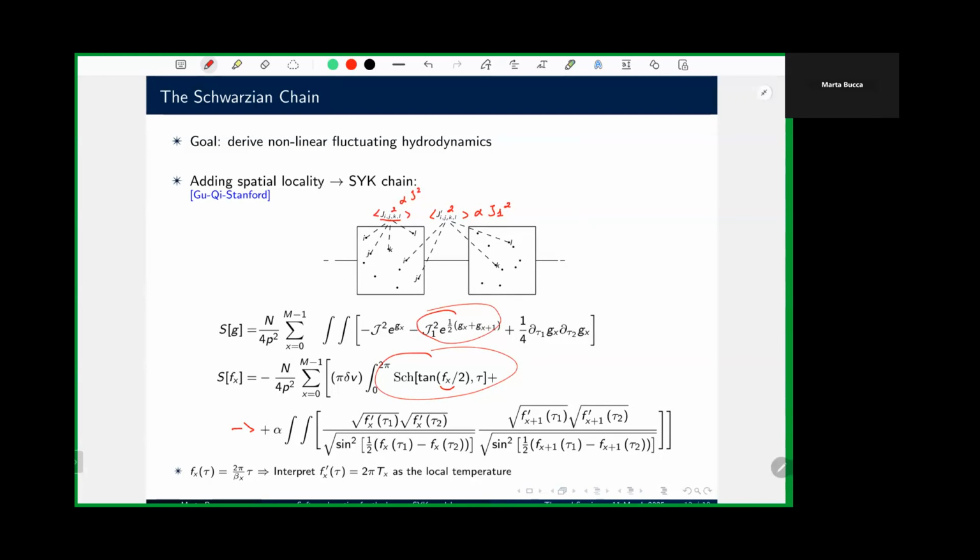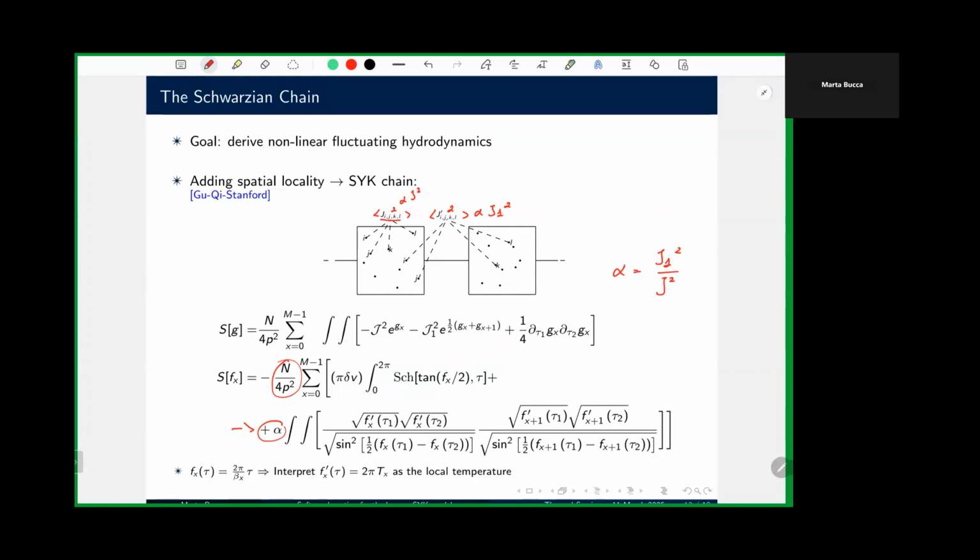Now I should briefly comment on this alpha that we have here. So alpha is simply the ratio between J1 squared and J squared. And if you remember, earlier I talked about the fact that this prefactor here, so this N over 4p squared, is quite large for the kind of large p limit that we're considering.